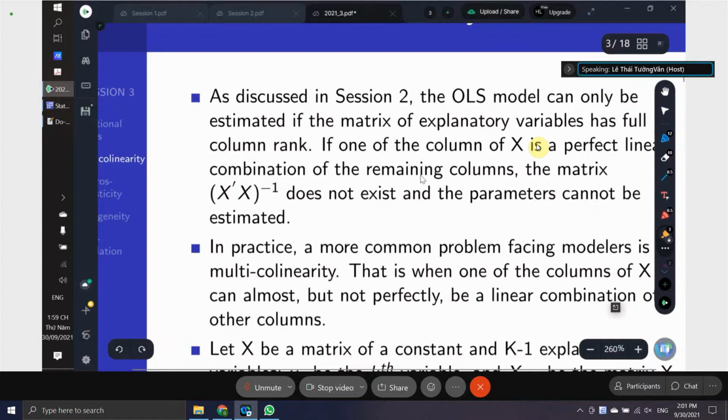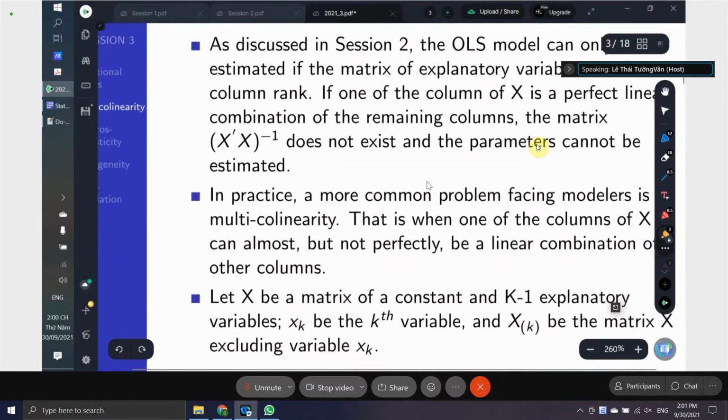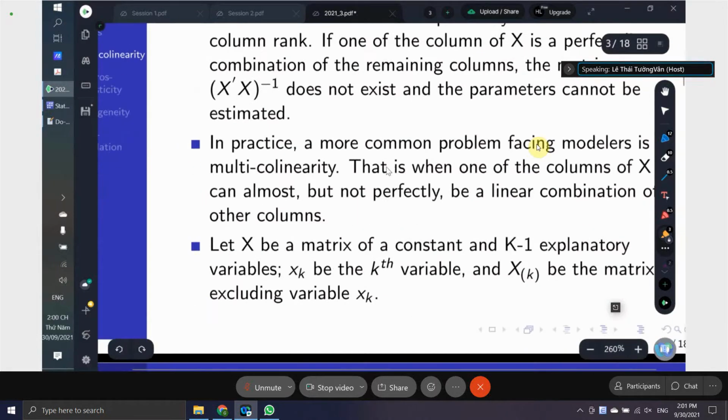As discussed in session 2, the OLS model can only be estimated if the matrix of explanatory variables has full column rank. If one of the columns of X is a perfect linear combination of the remaining columns, the matrix X prime X to the minus 1 does not exist, and the parameters cannot be estimated.